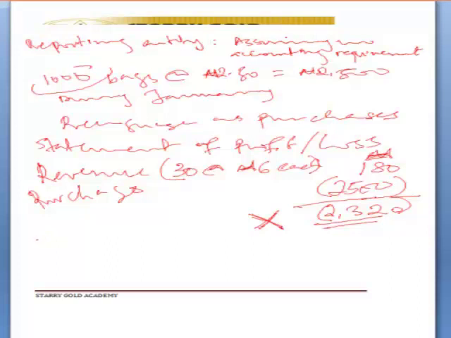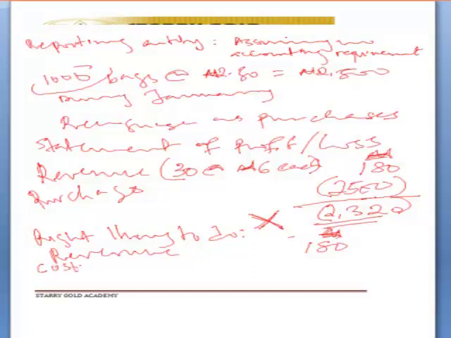So the right thing to do would have been to have a revenue of 180 naira. Now his cost of purchase, which is going to be matched against that revenue, we call it cost of sales. It is what it cost him to sell that particular quantity, which is 30 units in the financial period.